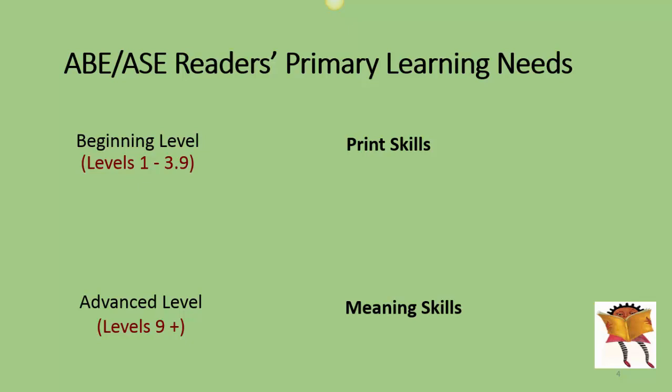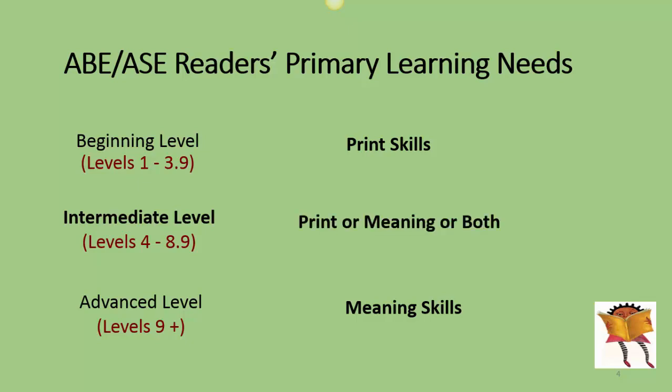But for those students in the intermediate level, the STAR level, 4 through 8.9, I think you have guessed, they could need the print skills, they could need the meaning skills, or, and most of our intermediate level learners, they need a combination of both.